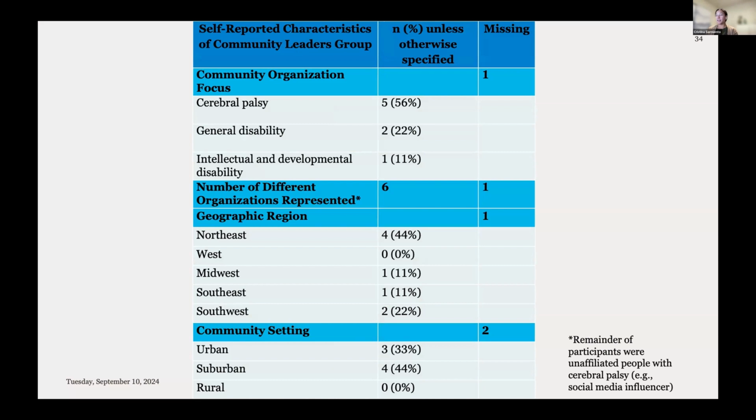And then these are the characteristics or demographics of the people that participated in our community leader group. For this group, we wanted to enroll participants that represented a variety of community organizations. We did have 6 different community organizations represented, from those focusing specifically on CP to those focusing more generally on disability, as well as one participant whose organization focused on intellectual and developmental disability.